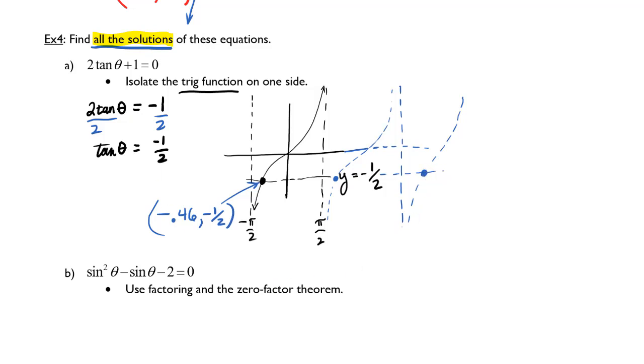So I could say that theta is equal to -0.46 plus pi k. You'll also see another way you could write this is -0.46 plus n pi.